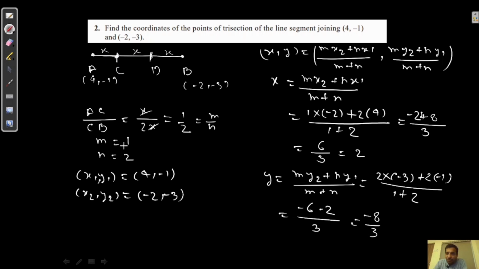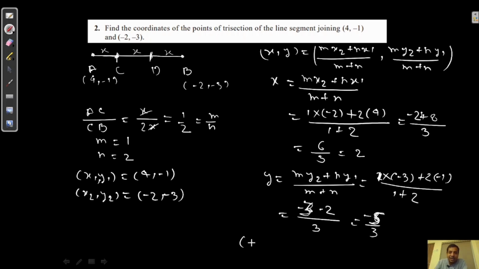The value of m is 1. I kept 1 here, but by mistake I put 2 here. So minus 3 into 1 is going to be minus 3. Okay, I am overwriting here. So it will be minus 5. Please ignore some calculation mistakes, it can happen. So y is equal to minus 5 by 3.